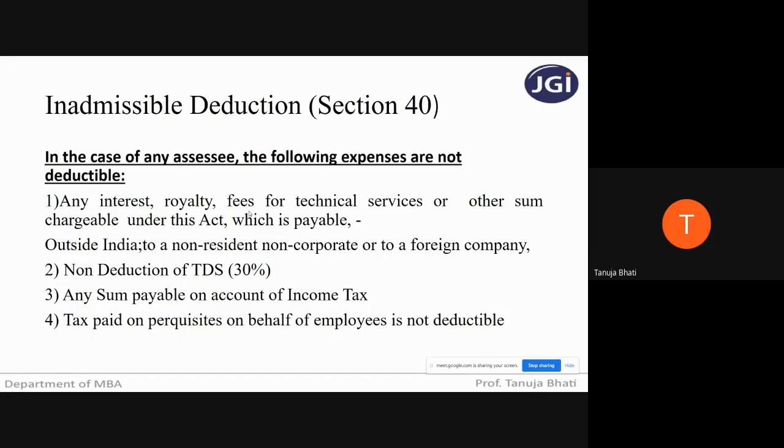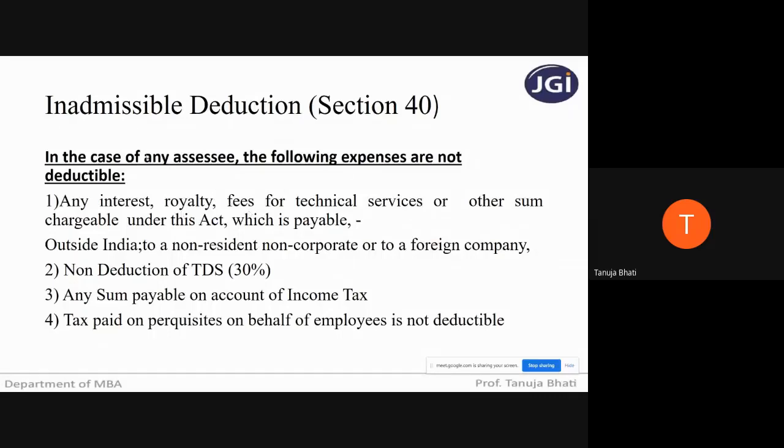You know there is a concept of TDS. TDS is where, when a certain person is to receive money, the person who has to pay the money deducts a certain tax amount from the income before paying it. That is called TDS.